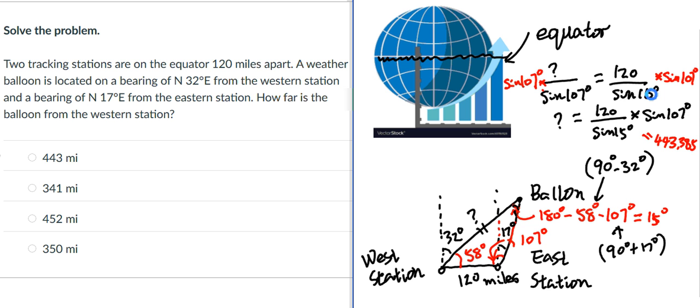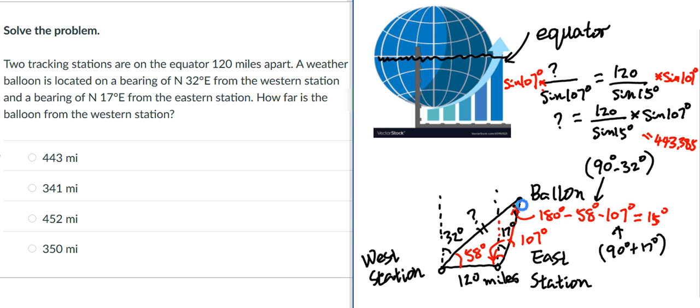Why didn't we use this one? Because we are not asked to find it. We are asked how far the balloon is from the western station. If we were asked for the distance between the balloon and the eastern station, we would be able to find it. That's not a problem at all.